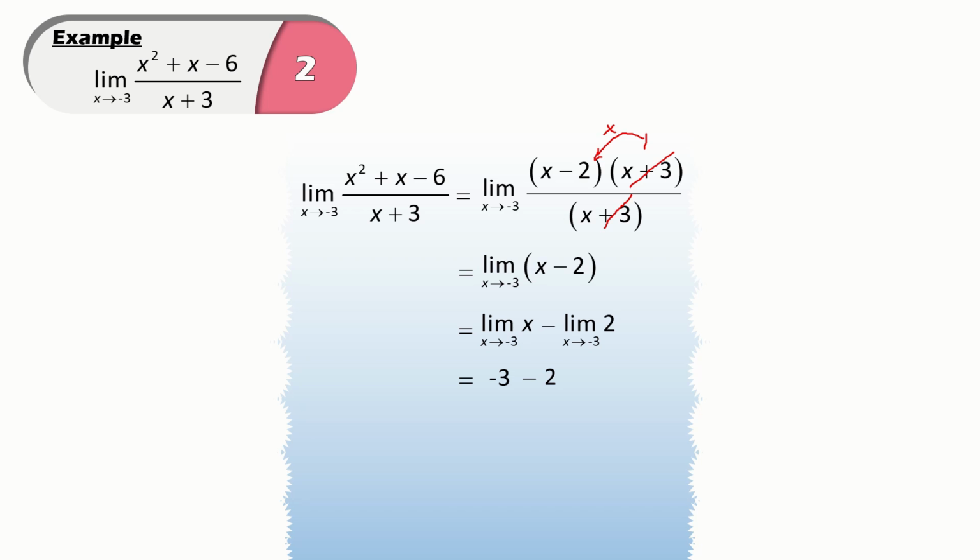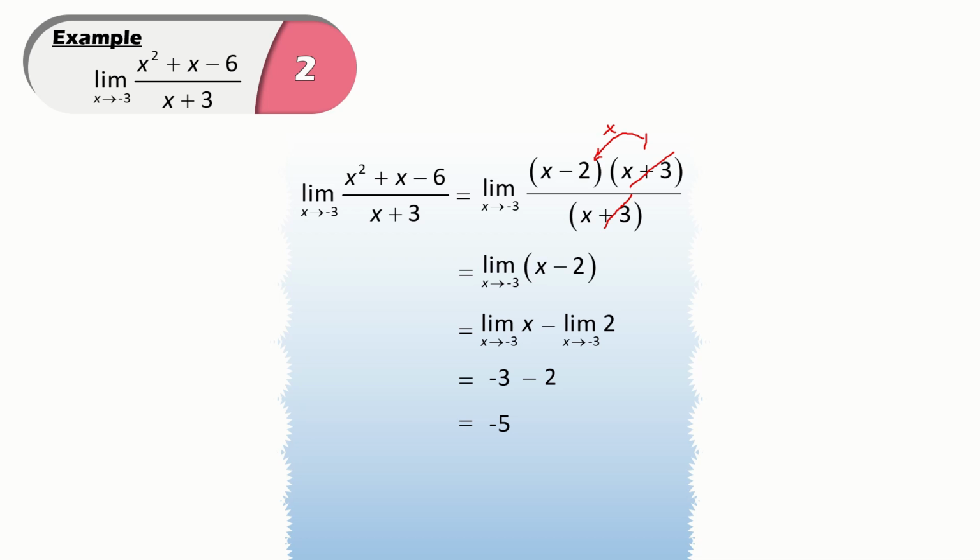And get the difference of negative 3 and 2, which is negative 5. Thus, the limit of the function as x approaches negative 3 is negative 5.